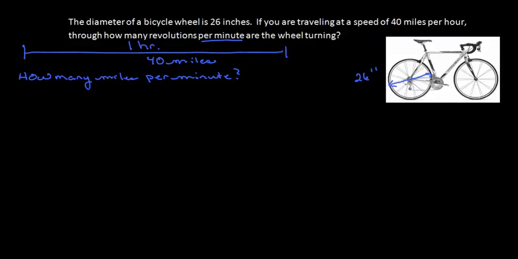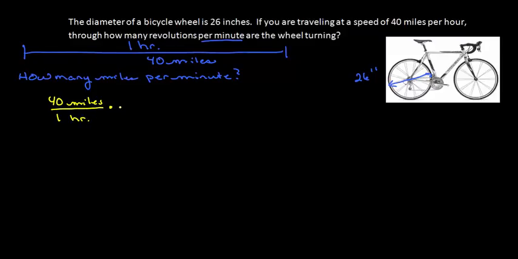To do that, we know that there are 60 minutes in an hour, and you can use some dimensional analysis here to solve this. So you have 40 miles over 1 hour.